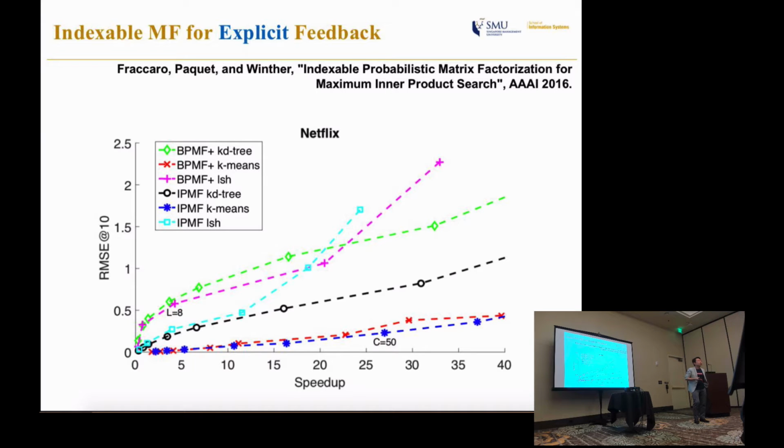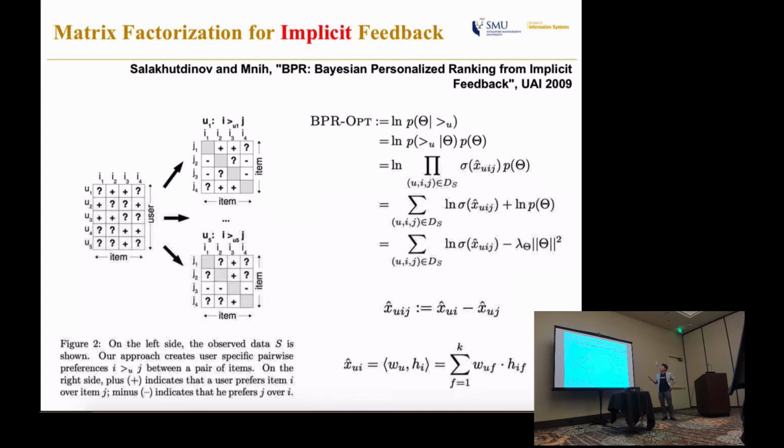So there is another kind of strategy, which is also about making it indexable, but we are going to rely on implicit feedback. Now, originally for implicit feedback, we talk about BPR instead of PMF. BPR is Bayesian personalized ranking, still about satisfying triples, like user, item I, item J. And if user U prefers item I to item J, we would like to satisfy the triple by making sure that the inner product of UI is larger than the inner product of UJ.